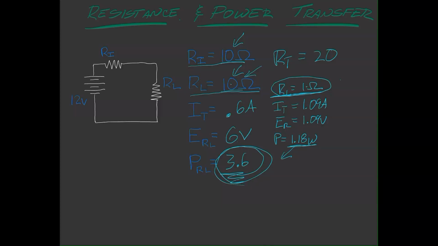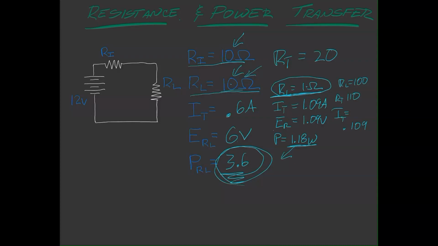Let's go the other way. Let's make our load resistor 100 ohms. In this case, my total resistance is, of course, 110. So here, my total current has decreased by a lot. It's 0.109.